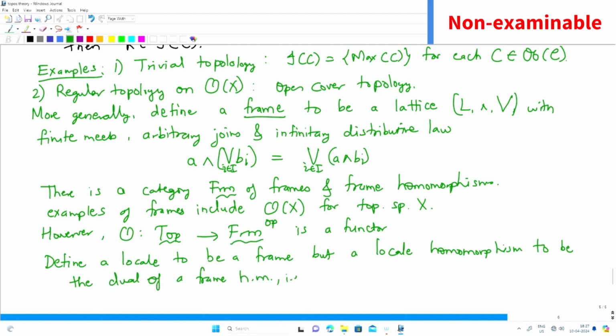So, what I am saying is that the category of locales is the dual category of the category of frames.